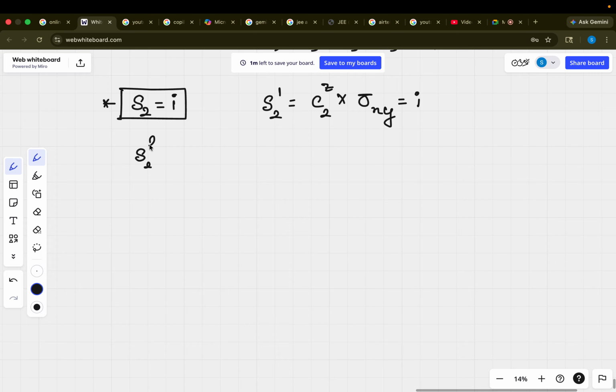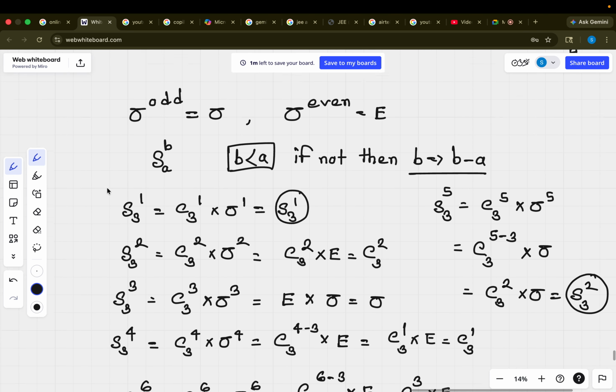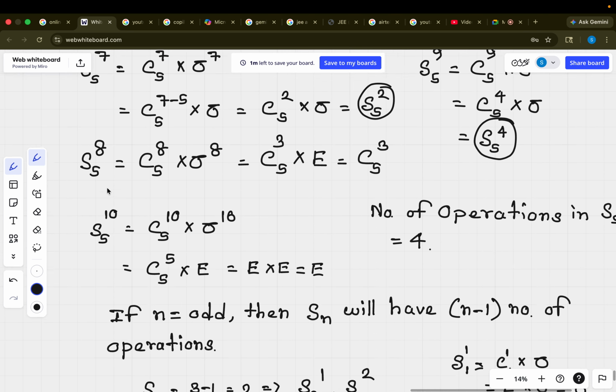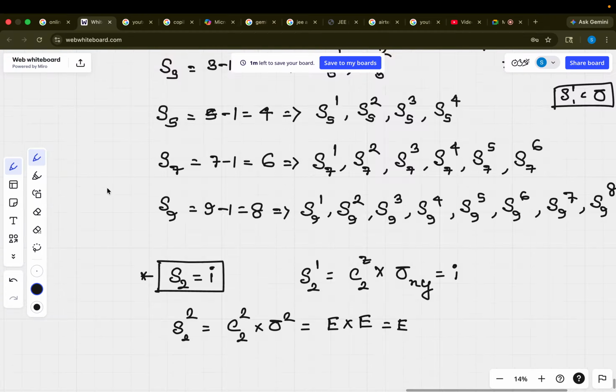Now suppose you have S2 square. Then you get C2 square into sigma square. C2 square is identity, and sigma square is also identity. Overall you get identity. So we have done S1, S2, S3, S5, S7 and S9.